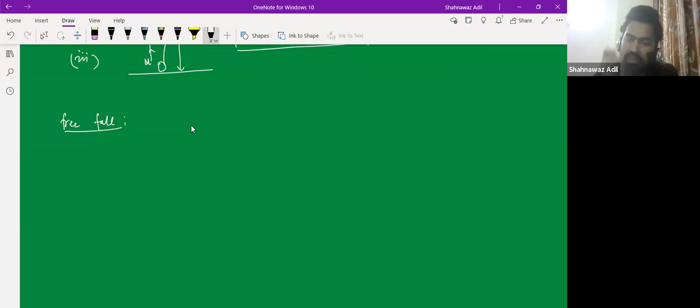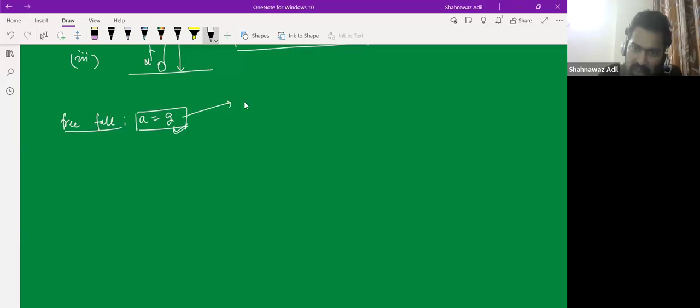What is the acceleration in free fall? 9.8, yeah. The acceleration is gravitational acceleration only. In free fall, remember that a is g always.